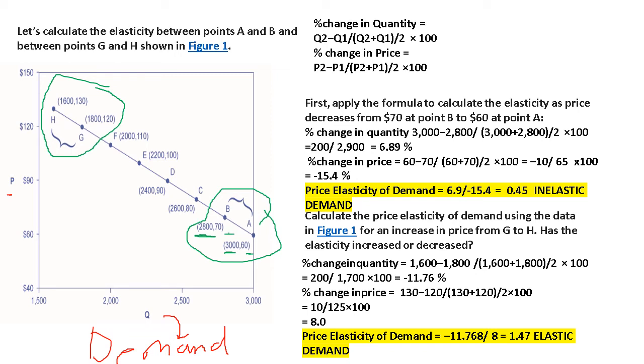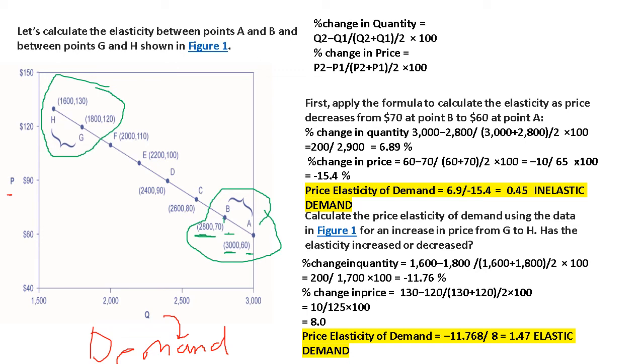So you can see that at a price of 70 pesos, the quantity demanded is 2,800, while at a lower price of 60, the quantity demanded is higher.